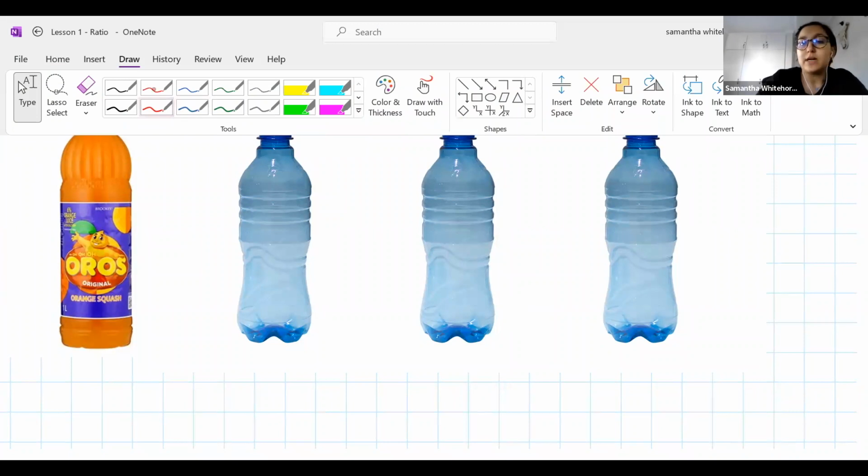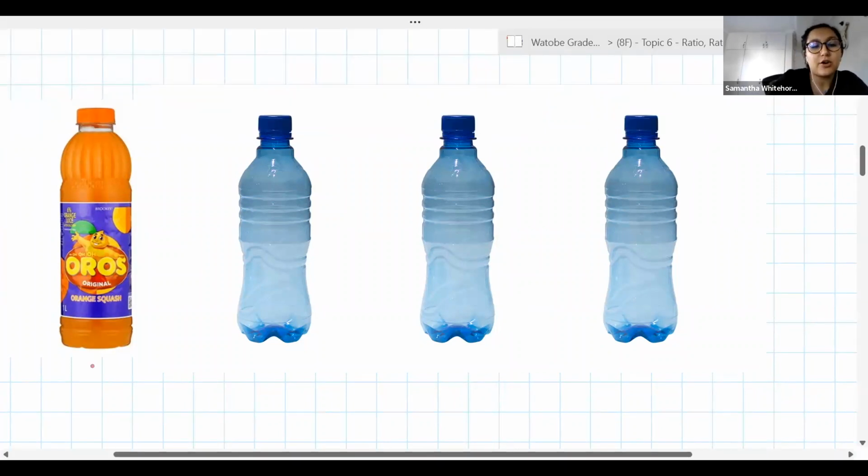So basically what it's telling us is that for every 1 part of Oros that we mix, we need to have 3 parts of water. Okay, so that's a visual representation of an Oros concentrate. Please remember, no hands until I say so.